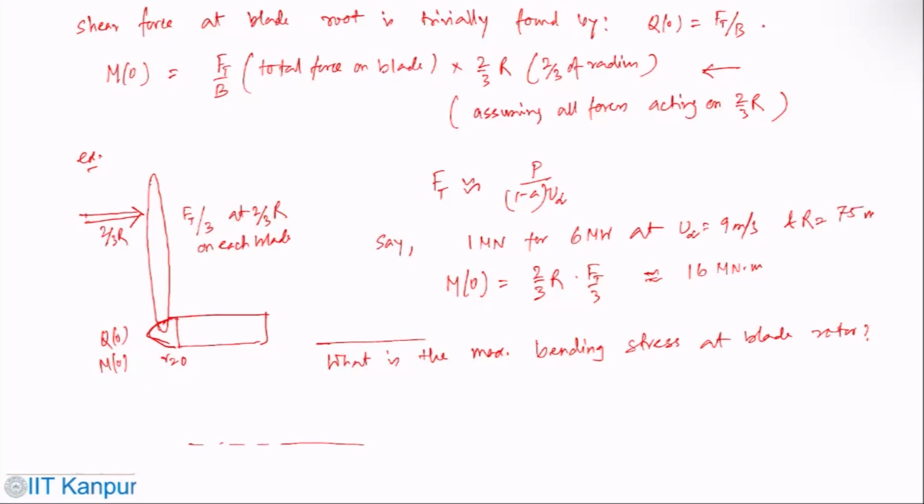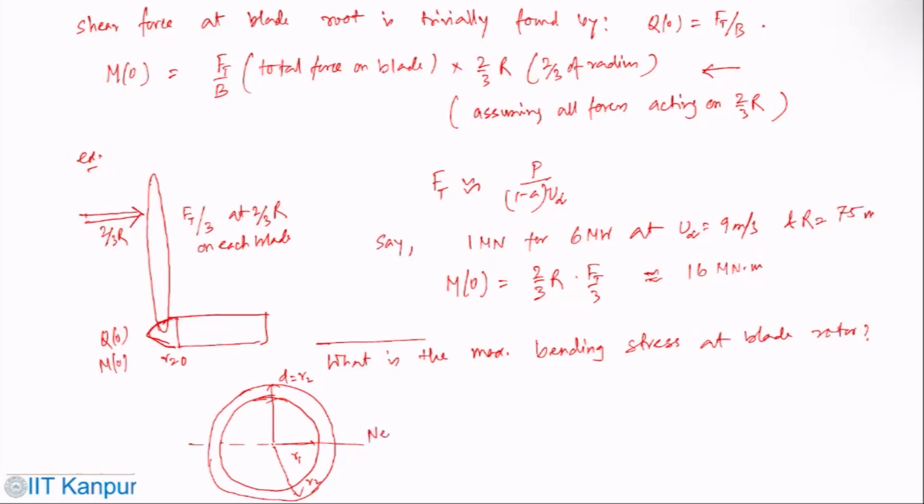So what we have is a cross section with radii R1, R2, and this is D equals R2.